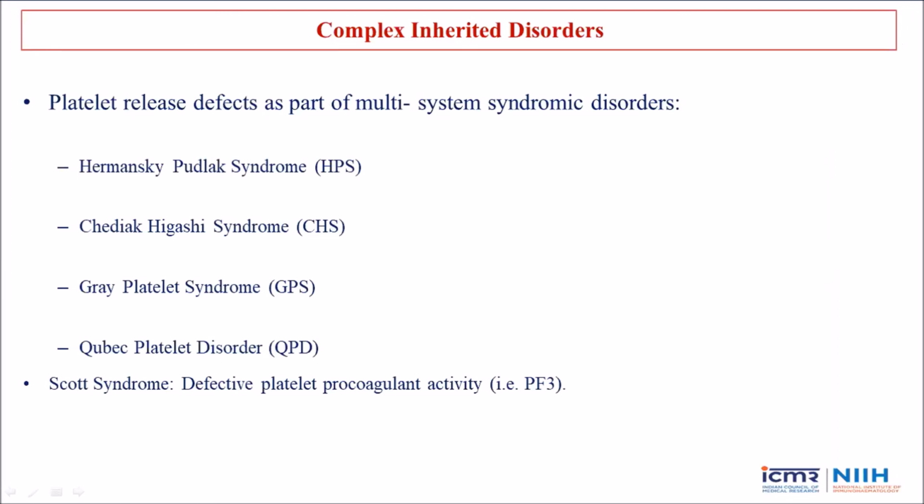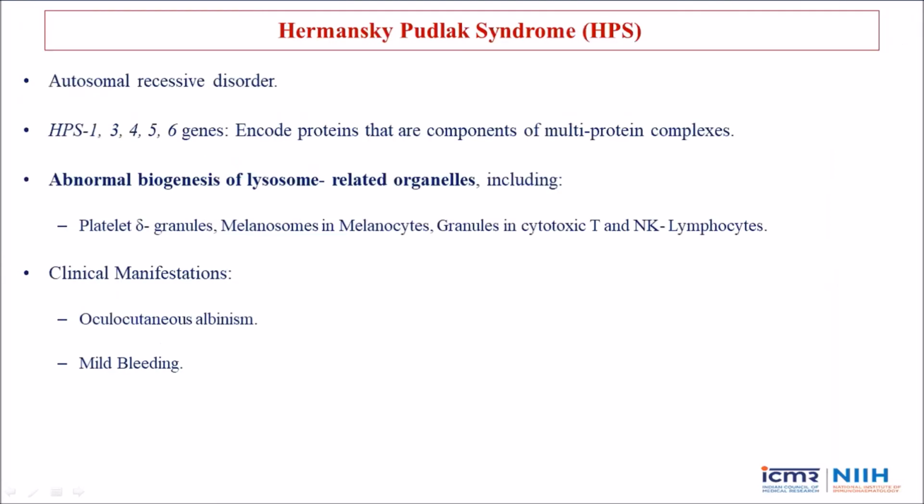Now, along with that, we just saw in the table complex inherited disorders. These are not very common disorders, but they are very rare, and they are accompanied by syndromic features generally. So Hermansky-Pudlak syndrome, and it's mostly a clinical diagnosis. At the laboratory level, it is very difficult to diagnose them.